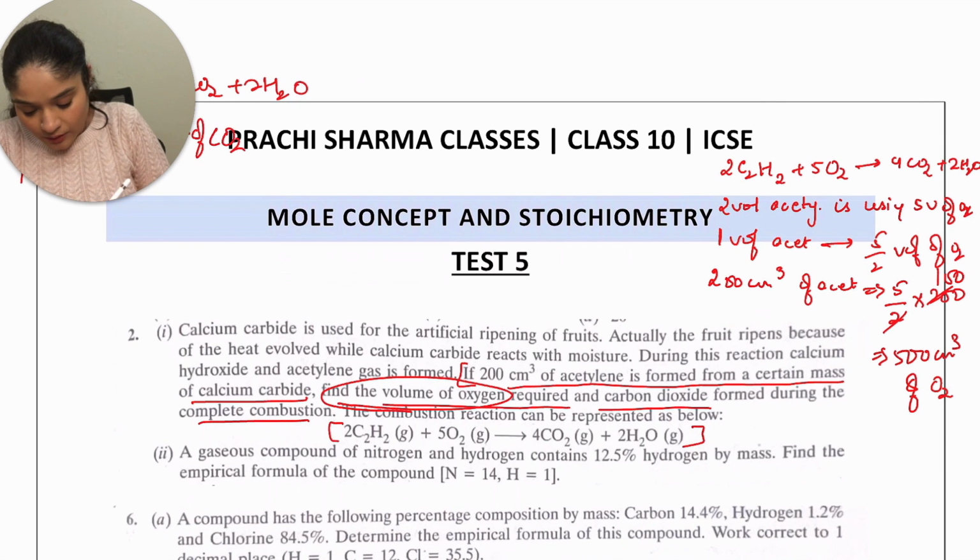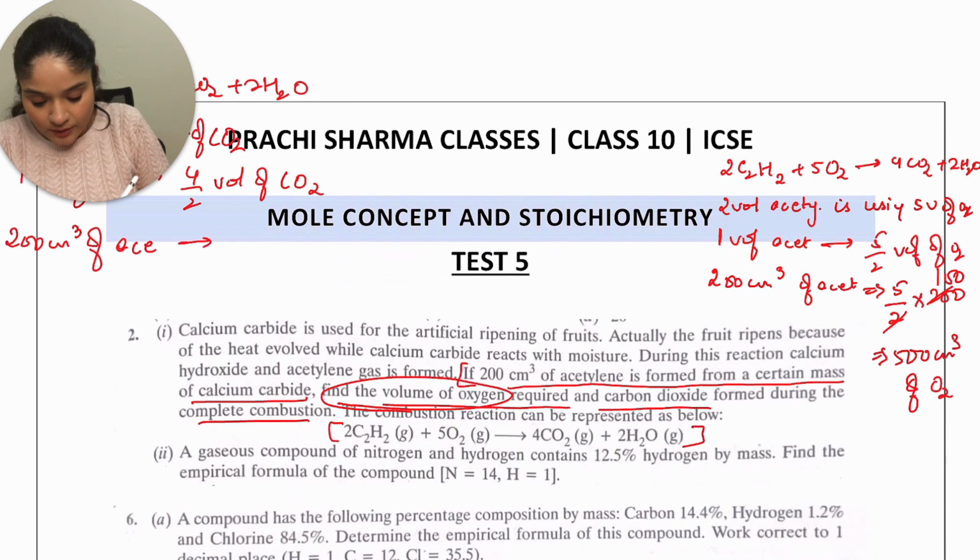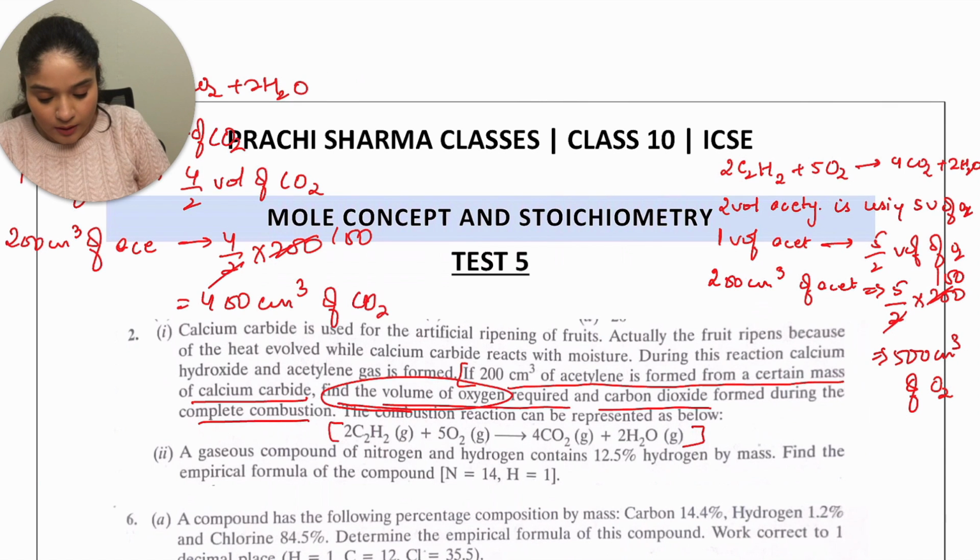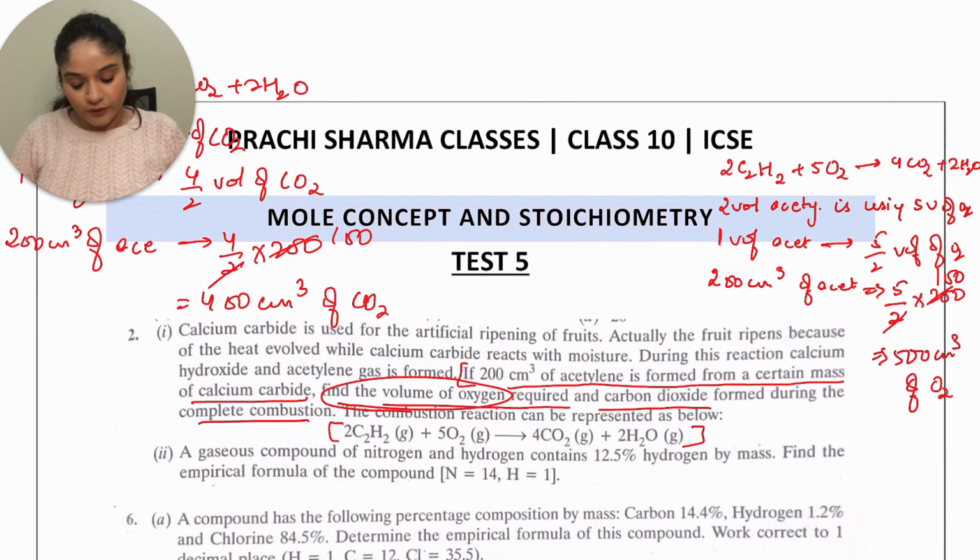So 1 volume of acetylene will give me 4 by 2 volumes of CO2. So 200 cm³ of acetylene will give me 4 by 2 times 200, which is 400 cm³ of carbon dioxide. So this is your first part of the question, and that's it. You don't have to find anything else.